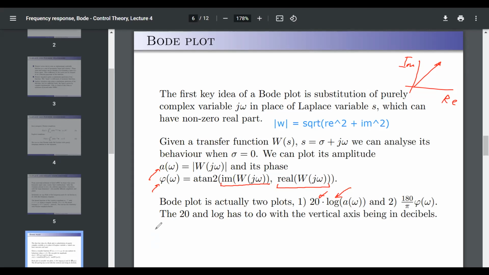Well, the reason for 20 is the decibel. I think pretty much all of us know the word decibel. That's how we measure the volume of sound, right? But what a decibel actually is, we can think about it as the volume of sound, or power of sound, whatever.